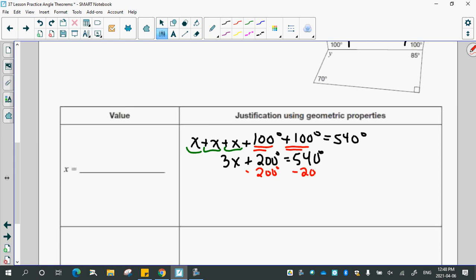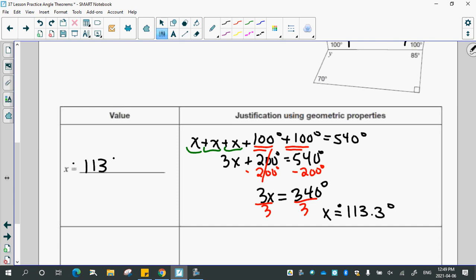Subtract the 200 degrees on both sides. Divide by 3. 113.3 degrees. That's approximately, in this case, 113.3 degrees.